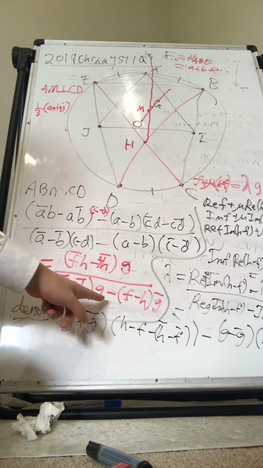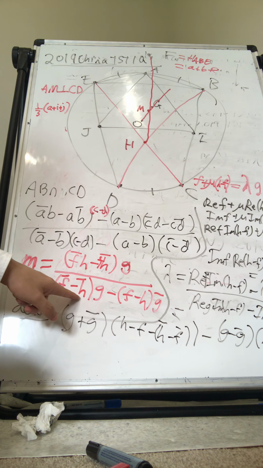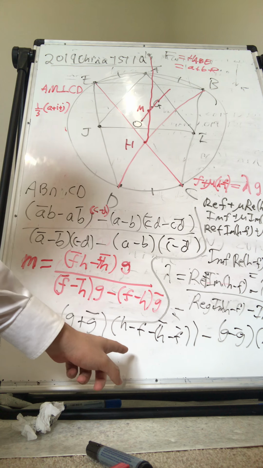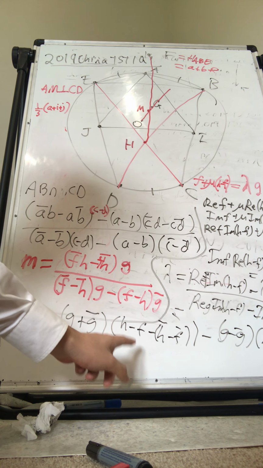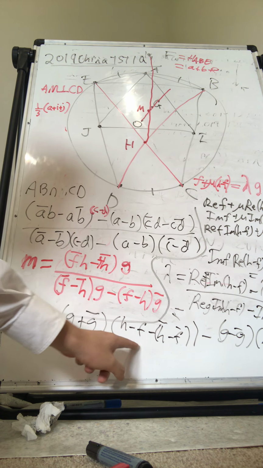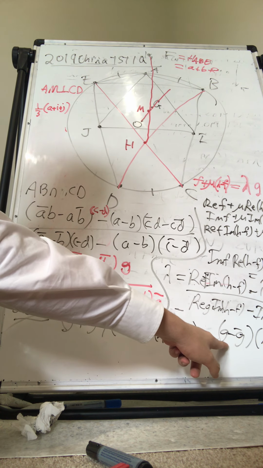Okay, so the coefficient of g should be f bar minus h bar. Yeah? So where's the thing that cancels? The h minus f cancels, right? Because it's h minus f times g here, and it's h minus f times g here, and they cancel.